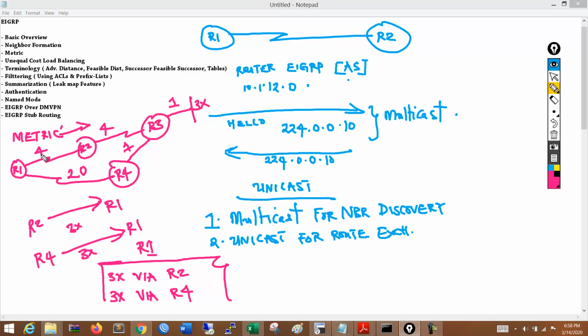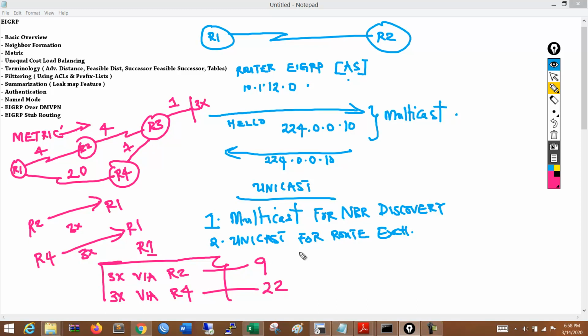So R1 is saying to get to the network 3x is going to cost him 4, plus the 4 it costs router 2 to get there, plus the 1 it costs router 3 to get there. So this link is costing a total of 9, and this link will cost a total of 20 plus 1 plus 1, which is a total of what? 22.